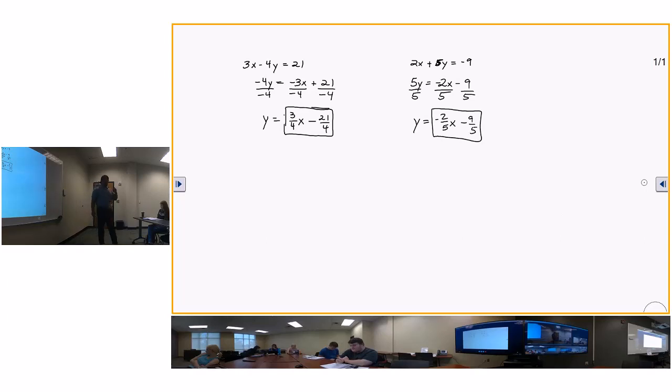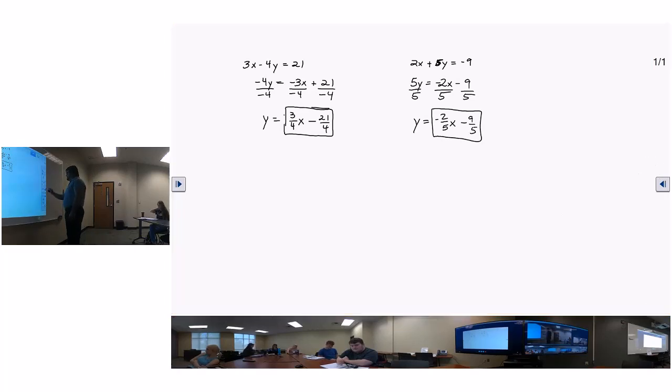I'm not going to give you very many graphing unless it's multiple choice or I give you the answer. I'm not going to have you graph and find the intersection on a graph because it's just not worth it.